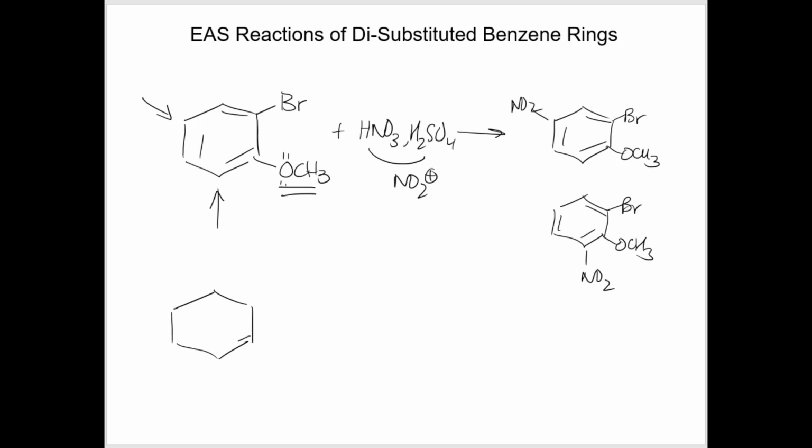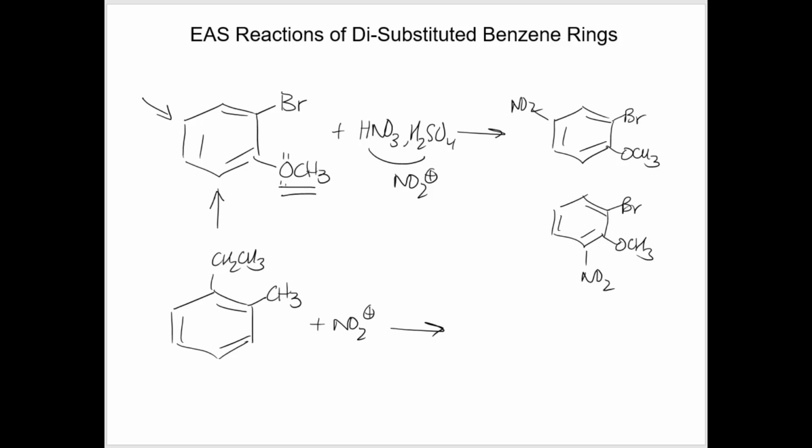If they are equal groups pointing in opposite directions, so let's say I had a CH3 group here and a CH2CH3 group here. If these groups are pointing in opposite directions and I was adding an NO2+, then we would get a whole mixture of products.